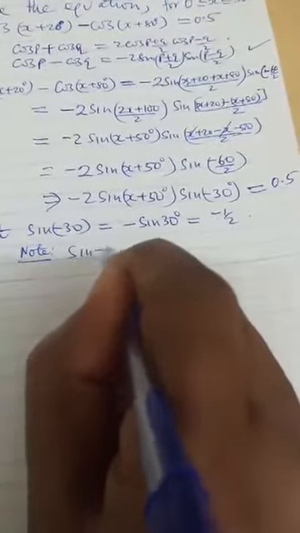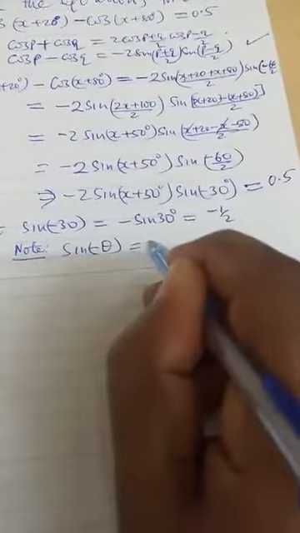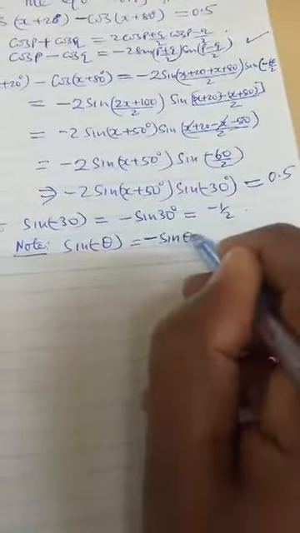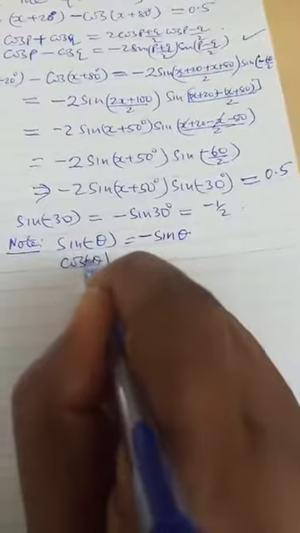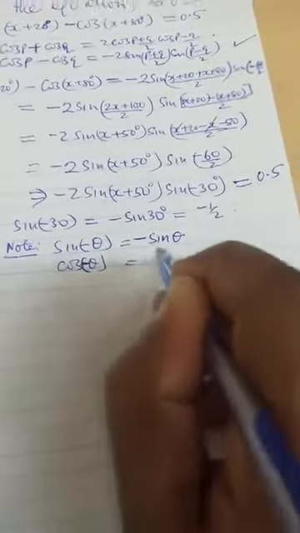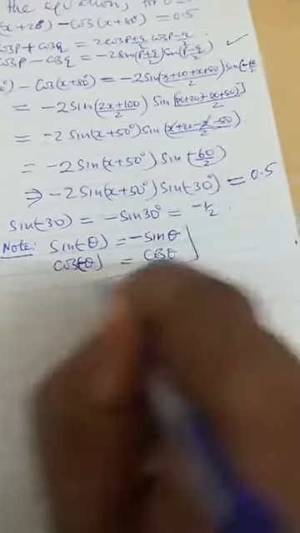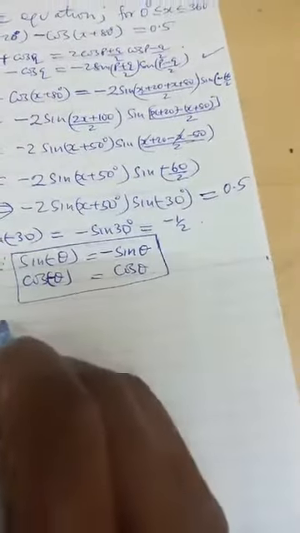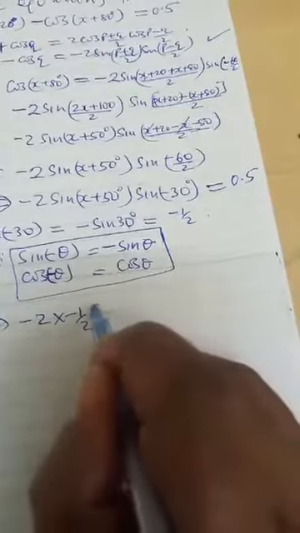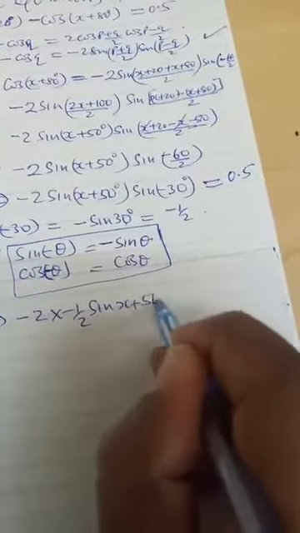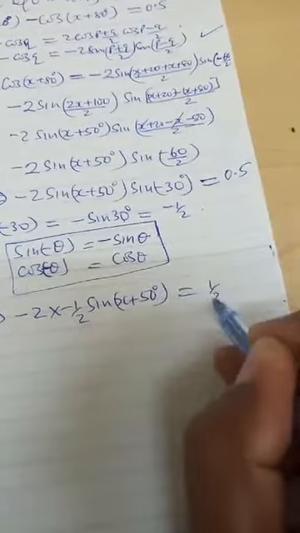You need to recall that sine of minus theta is equal to negative sine of theta, and the cos of minus theta is equal to cos of theta. This is a fact that everyone needs to recall. So if I substitute for this there, I'll have minus 2 times minus a half into the sine of x plus 50 degrees is equal to half.